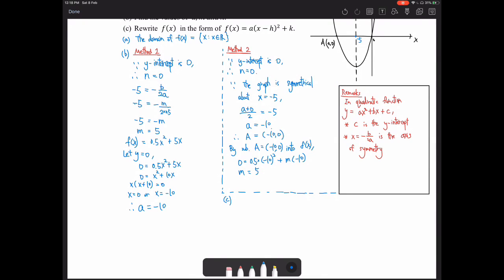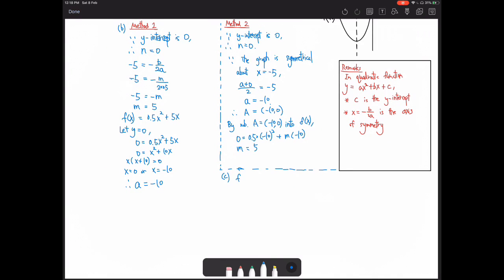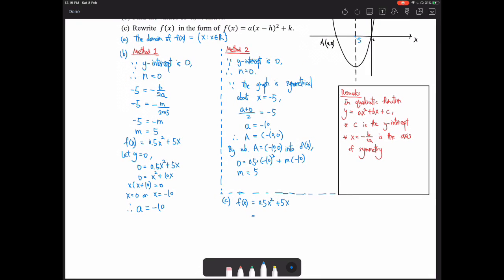Okay, part C. Rewrite f of x in the vertex form. First, let me rewrite f of x. f of x equals 0.5x squared plus 5x. Now we have to rewrite f of x in vertex form.